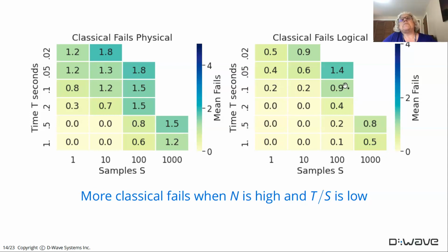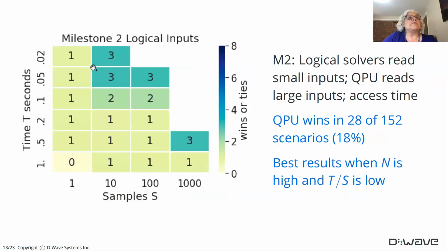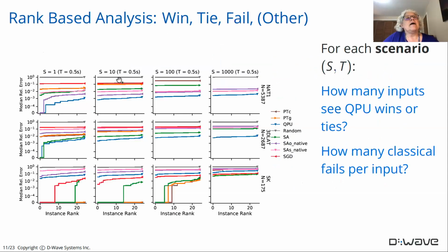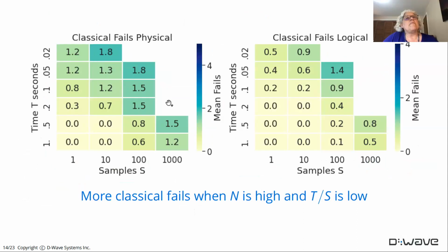But the main point here is that the patterns of times where classical solvers just can't keep up are similar to the pattern of times when the quantum processor is doing well. So large inputs and small computation times, oops, I'm sorry, going backwards, are bad for classical, but somehow good for quantum.